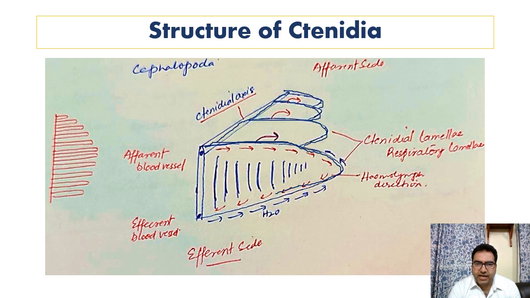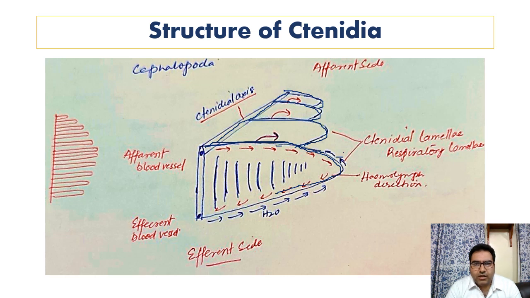We shall see in the next slide how they are covered by the cilia. Here the cilia are not visible, but I have tried to show you the filaments. The movement of the cilia is responsible for the continuous renewal of the water over the Ctenidium.